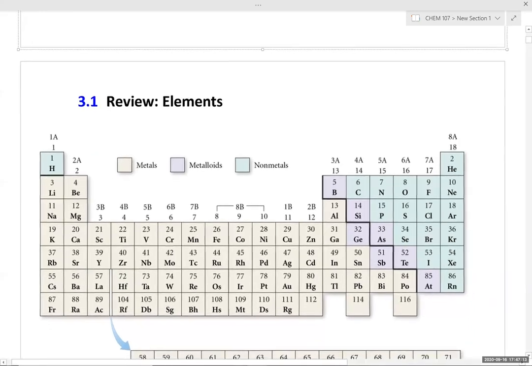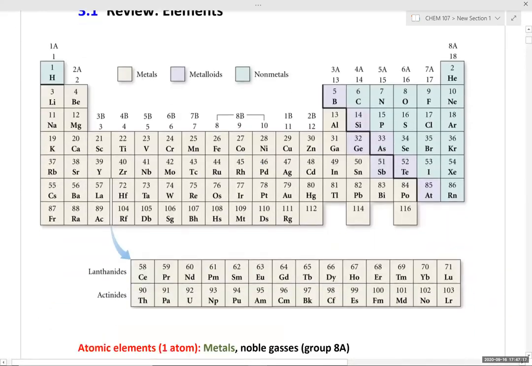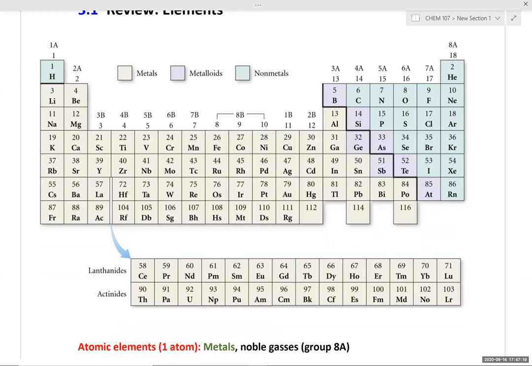So let's have a little bit of review first, and let's talk about elements. So here's the periodic table. There are our metals, which are in the majority of the periodic table, but primarily occupy the bottom left-hand side.